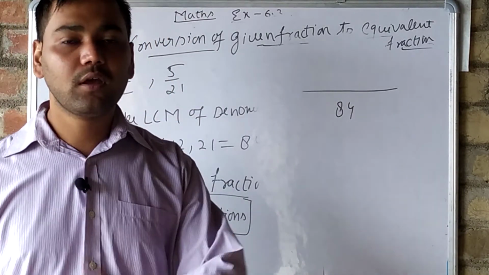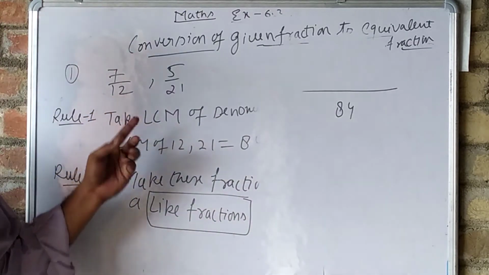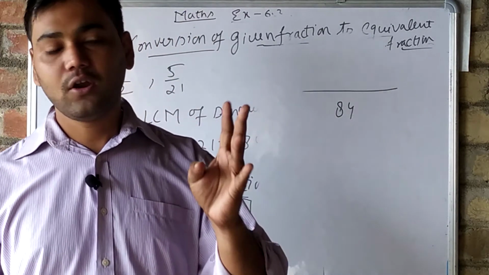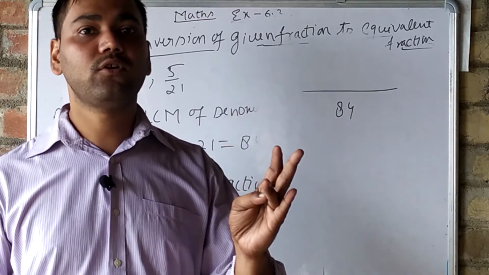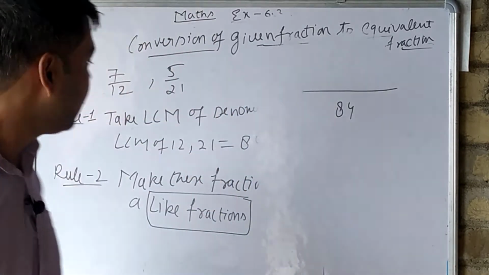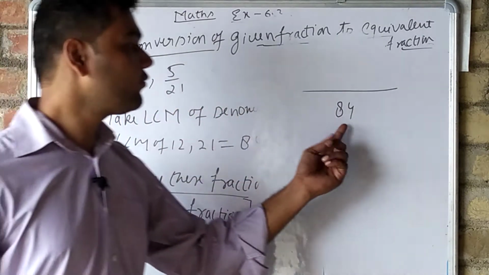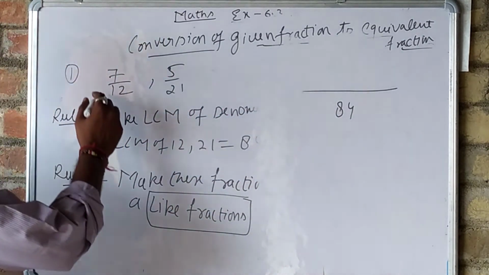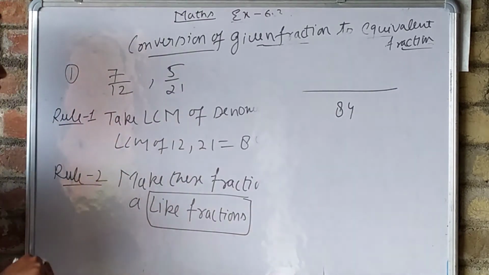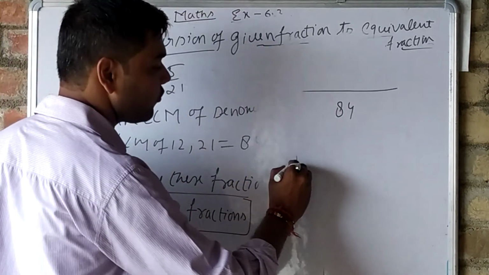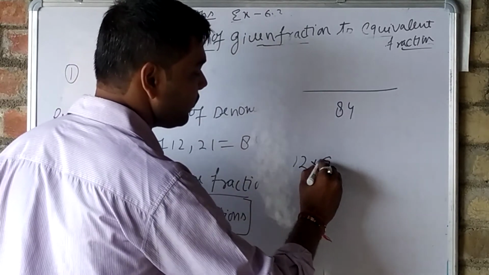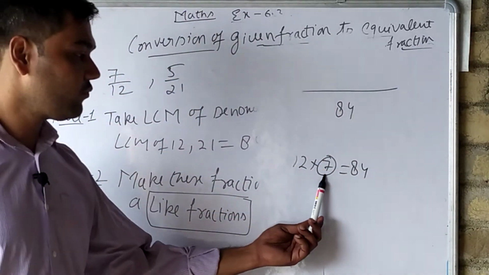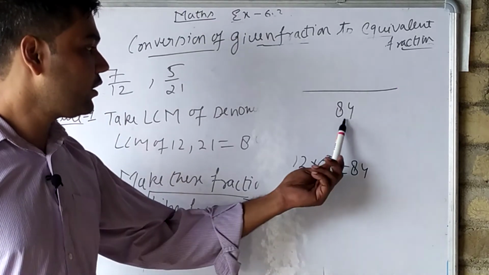That we have to see. 12 1s are 12, 12 2s are 24, 12 3s are 36, 12 4s are 48, 12 5s are 60, 12 6s are 72 and 12 7s are 84. So when we multiply with 7, we get 84. 12 into 7 will give us 84. So we are multiplying 12 by 7 to get 84.